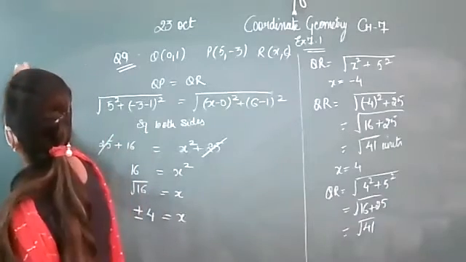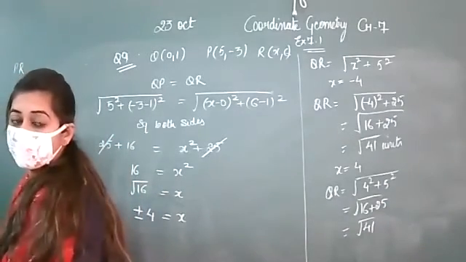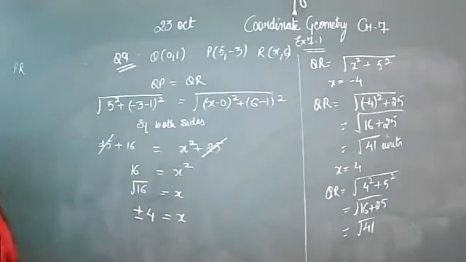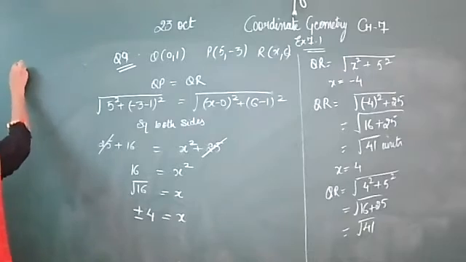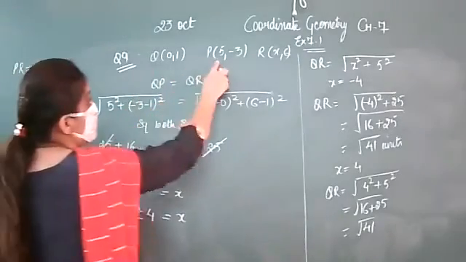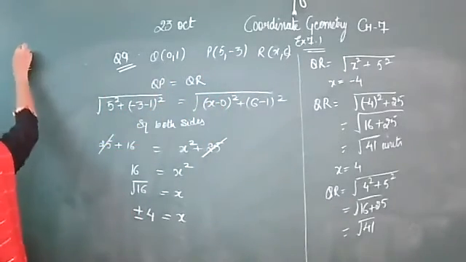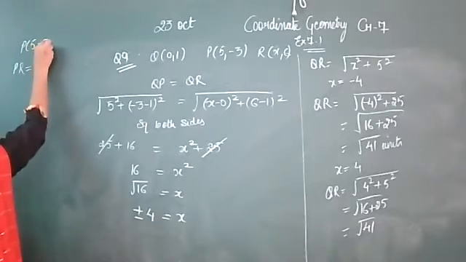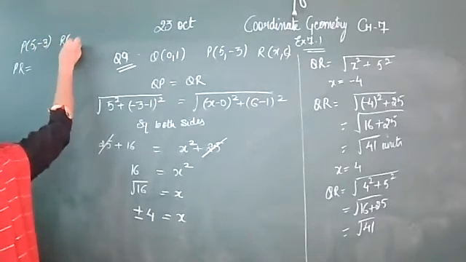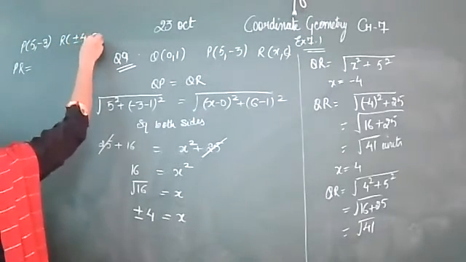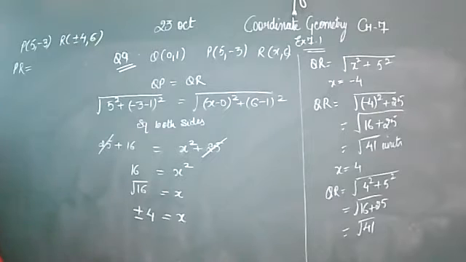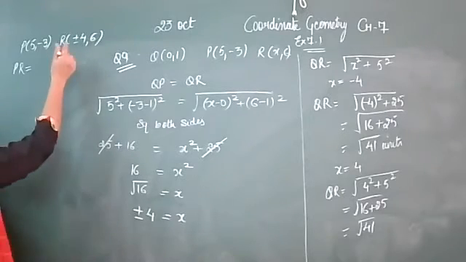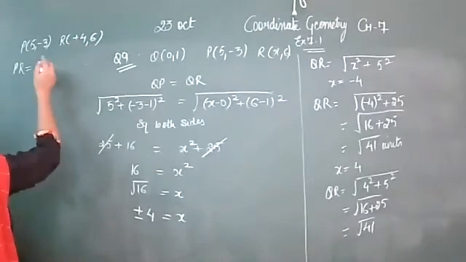Now the another one that we want to find is PR. We want to find the distance of PR. So this is your P, this is your R. So I'm writing the coordinate of P as 5, minus 3 and R as plus minus 4, 6. So at a time you will take one of the numbers. So I'm taking plus 4 right now.